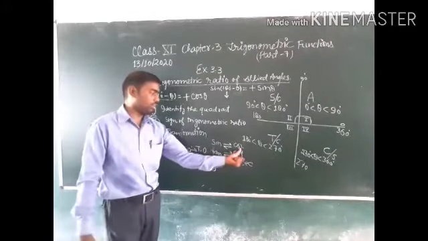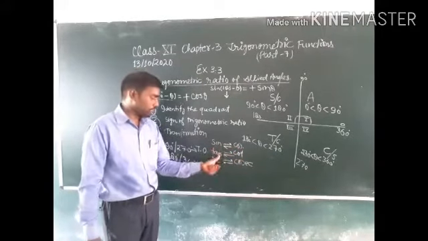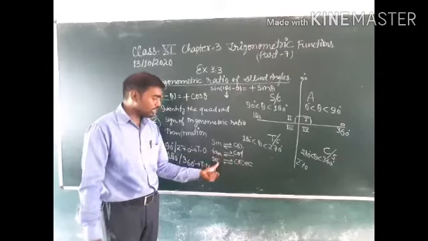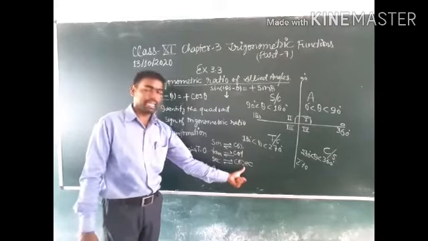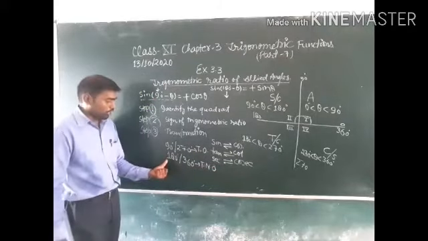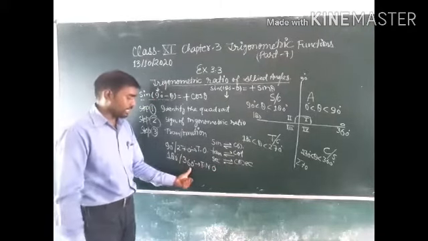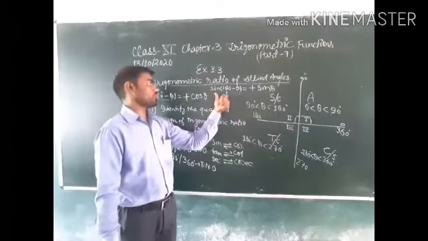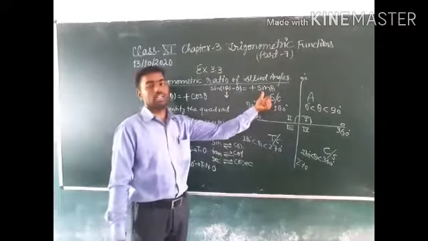It means sin converts into cos, cos into sin, tan into cot, cot into tan, sec into cosec, and cosec into sec. And on 180 degree and 360 degree transformation does not occur. It means the trigonometric ratio can be written as it is.